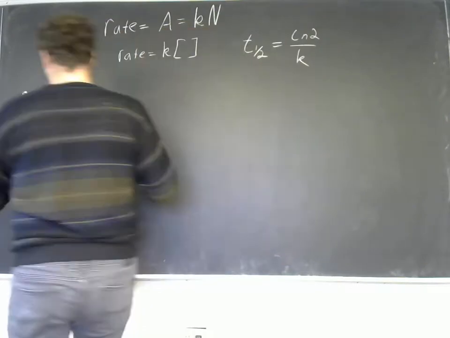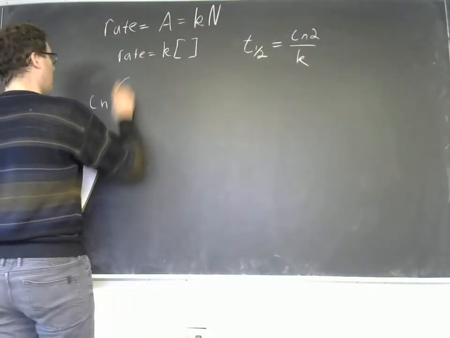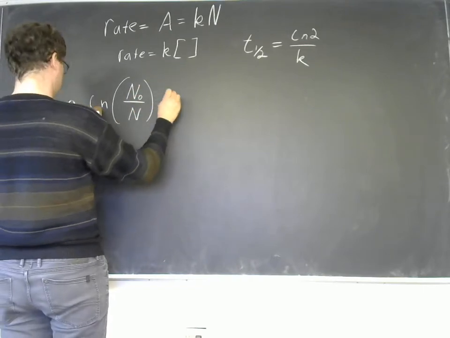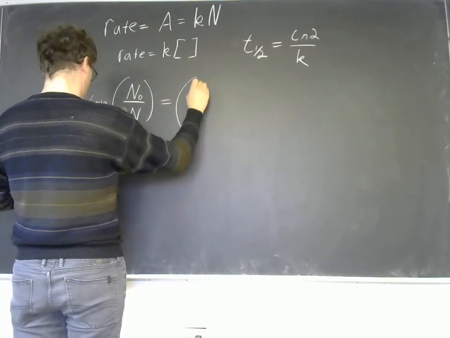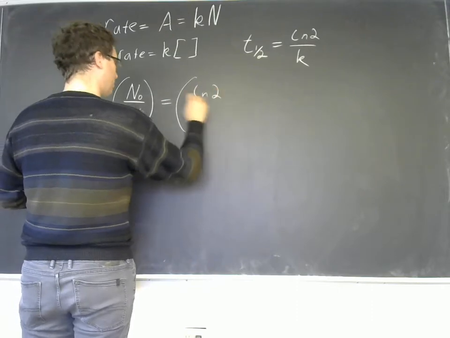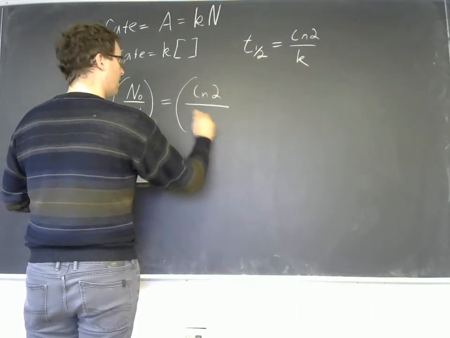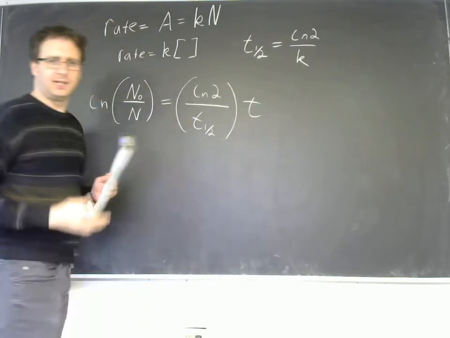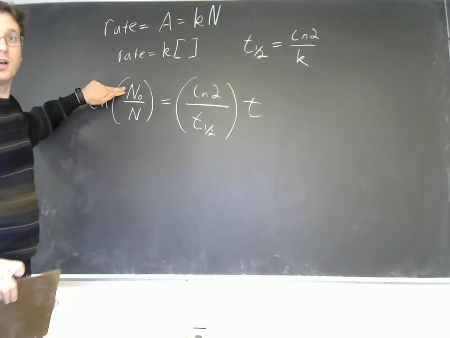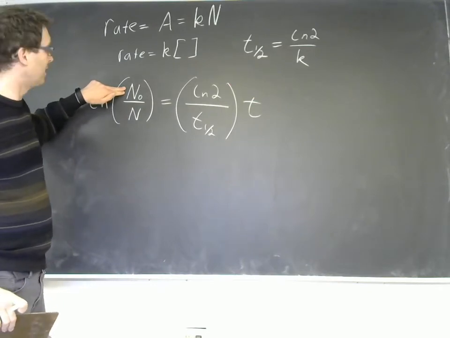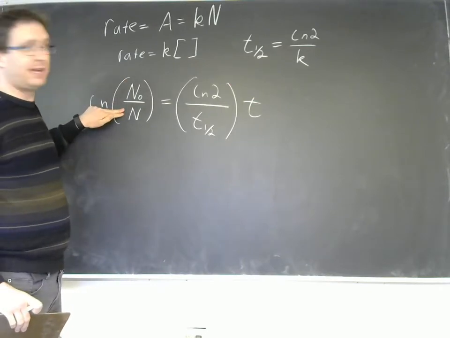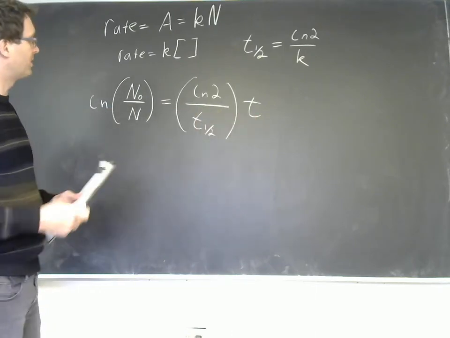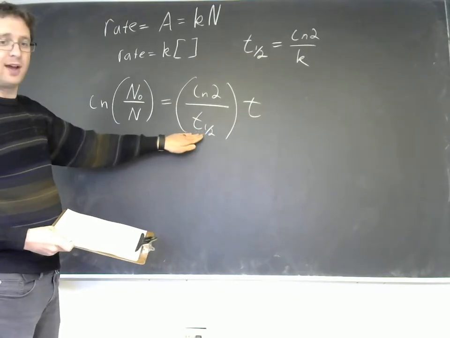It says that the natural log of N naught over N is equal to the natural log of 2 over the half-life times t. So N naught is the amount of radioactive material at the beginning, N is the amount that remains after a certain time has passed, t is that time, and this is the half-life.